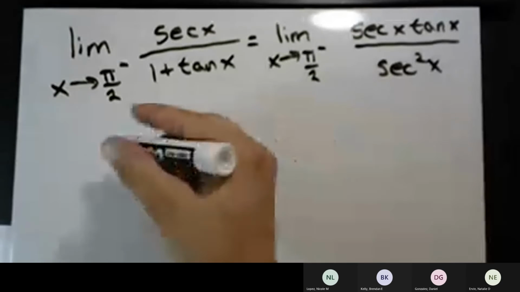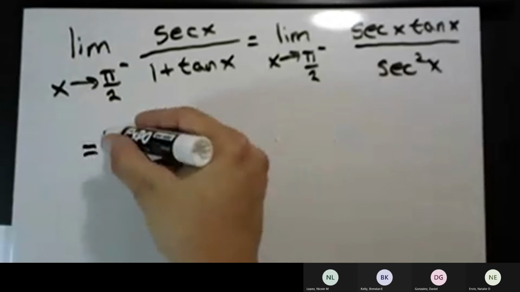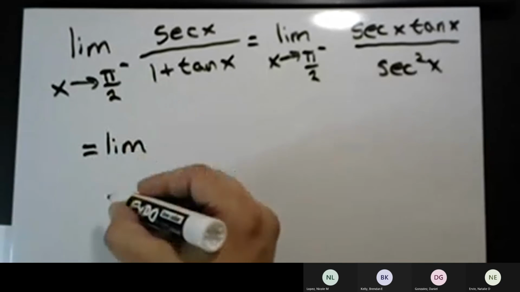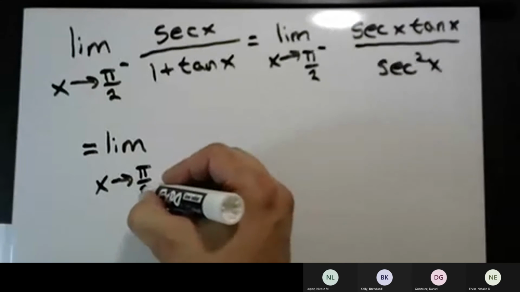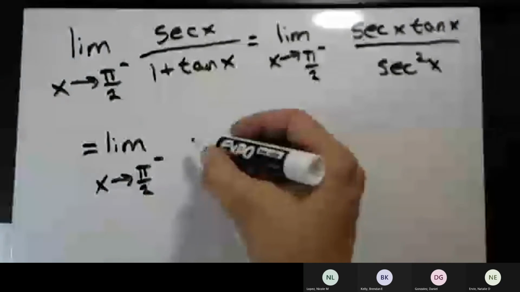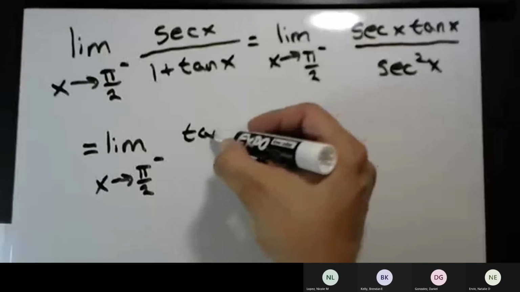So we'll simplify this down. Well, we'll lose a secant, we'll get tangent x.